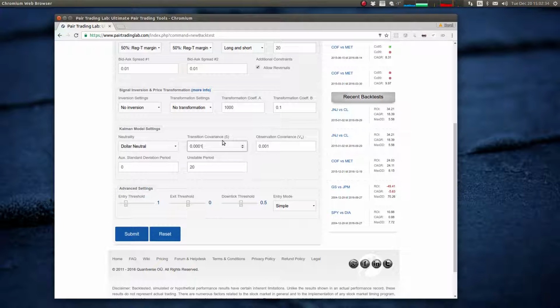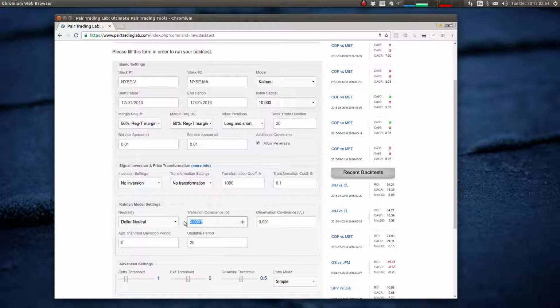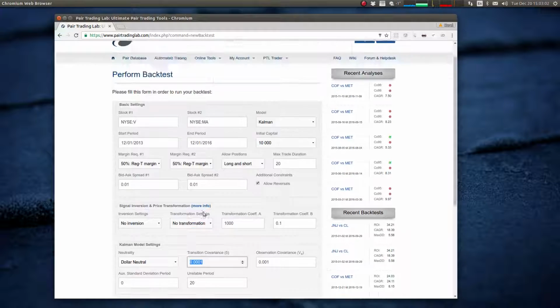The reason is these two numbers create the initial setting of the Kalman filter, which determines its further behavior. The problem is that these settings, at least the first one, delta, are quite sensitive. We need to somehow figure out these values.